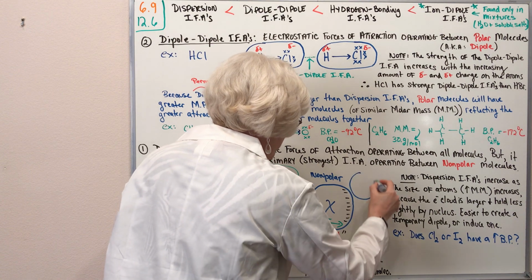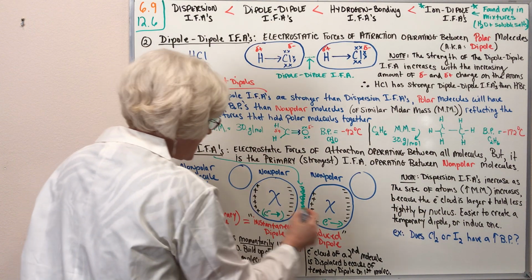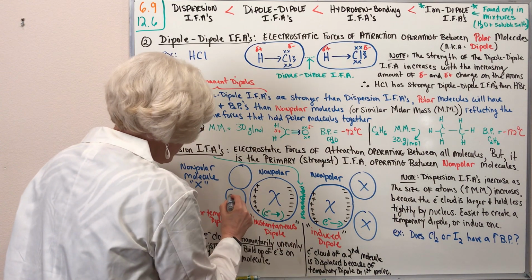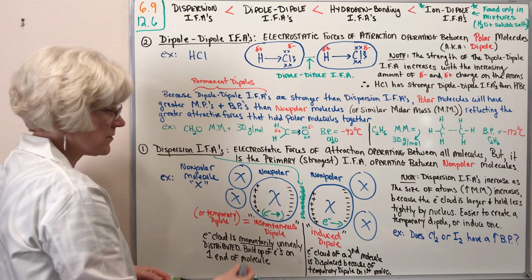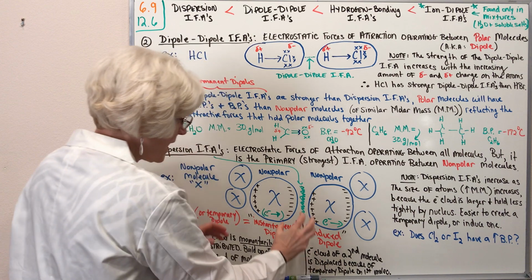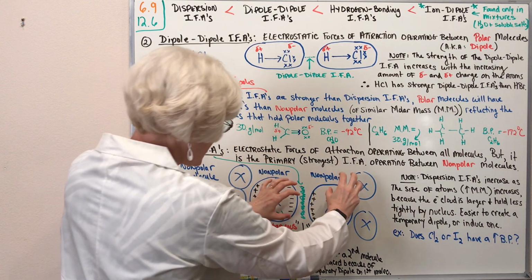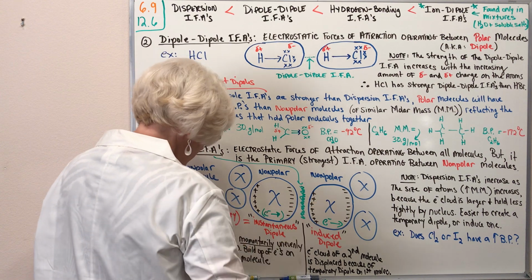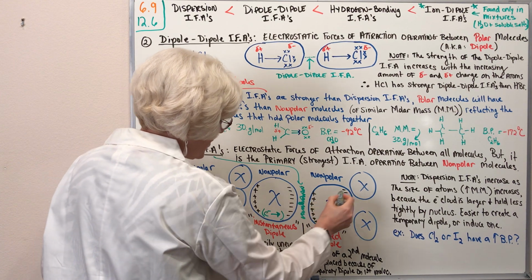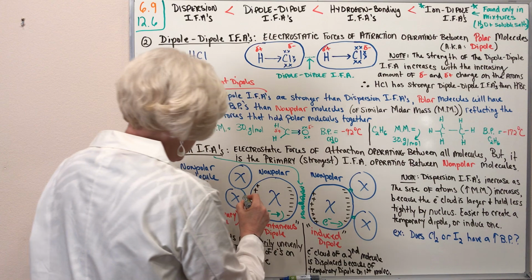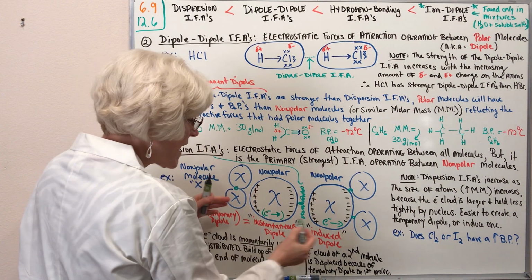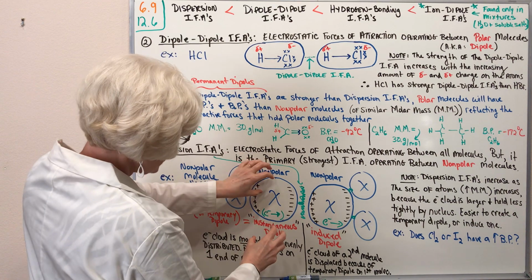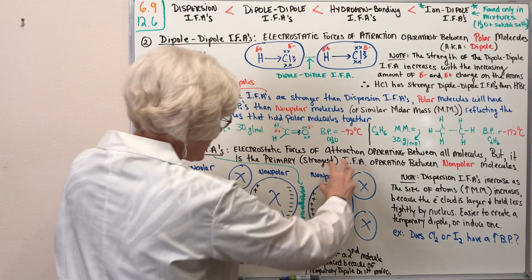And if I drew more X molecules here, and let's just draw them in, multiple X molecules, obviously not to scale, you see a picture where you have momentary points of attraction here and here and here and here, but then it can change, and in an instant the attractions are here or here or here or here.